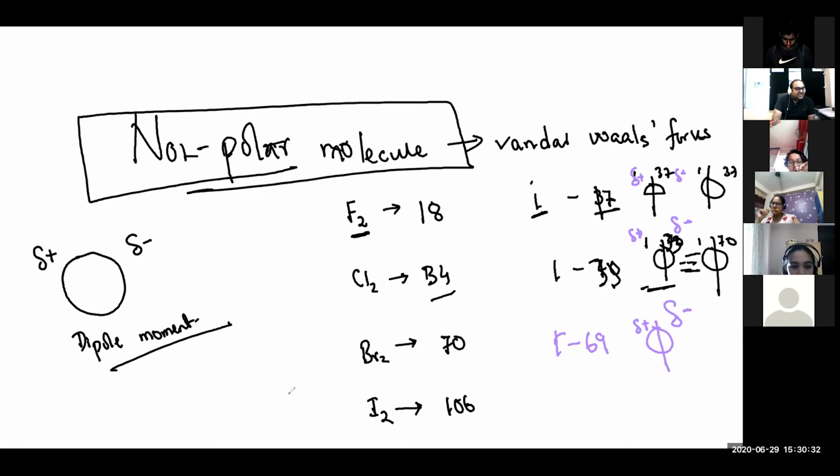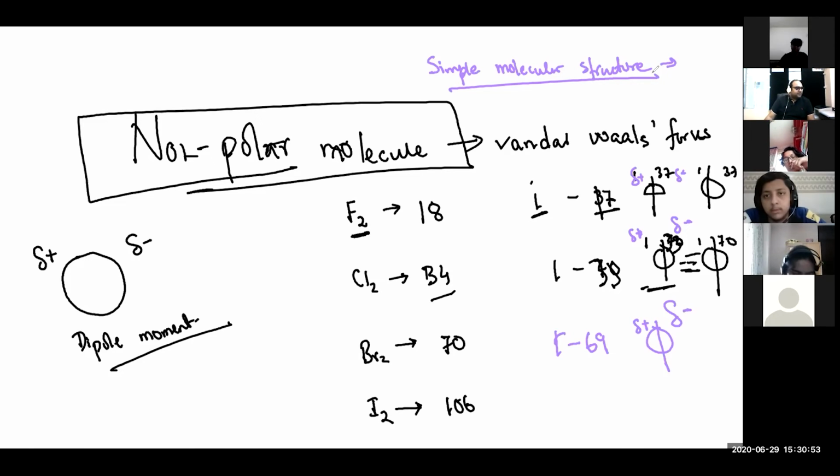Non-diatomic molecules, I mean those with simple molecular structure, their melting and boiling point is low or high? Low, sir. Why? Because they have weak intermolecular forces.